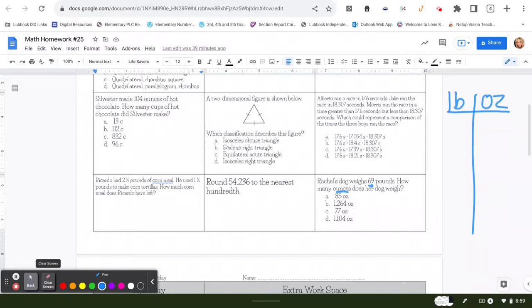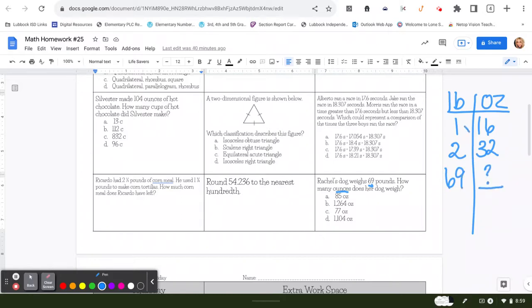So my pounds are going to go on the left, my ounces are going to go on the right. And I see that if I have 1 pound, I have 16 ounces. So if I have 2 pounds, I would have 32 ounces. I need to know all the way to 69 pounds how many ounces that would be.